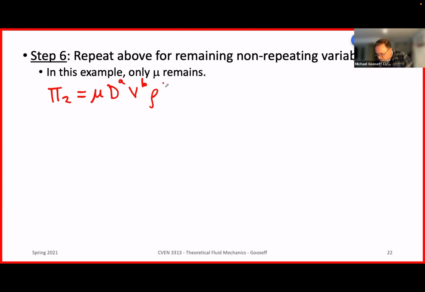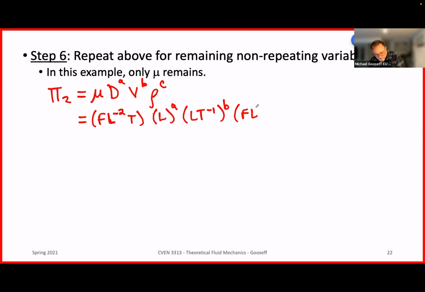When we go through this process again, we write this out. Remember, mu is in dimensions of force times time per length squared. The diameter of the pipe is in dimensions of length. We raise that to the a power. Velocity is length per time, raised to the b power. And rho is F L to the minus 4 T squared raised to the c power.